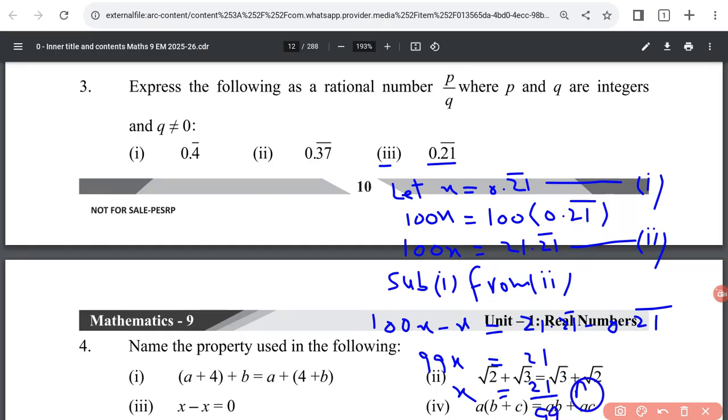That is our answer. So I hope you guys understand this question. So now we move towards question 4.